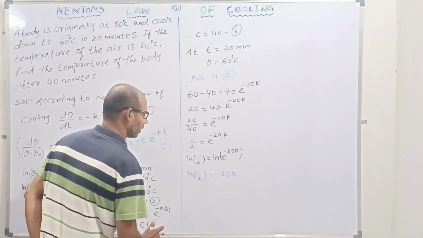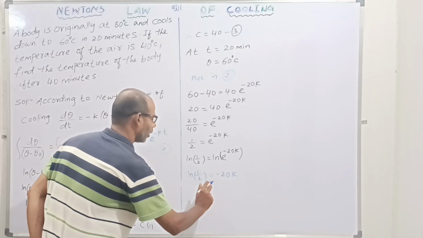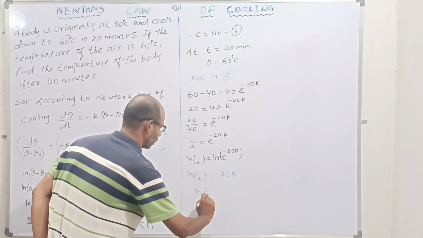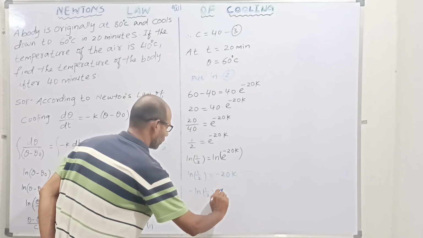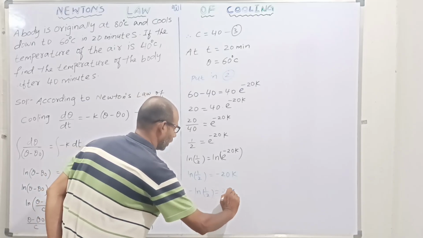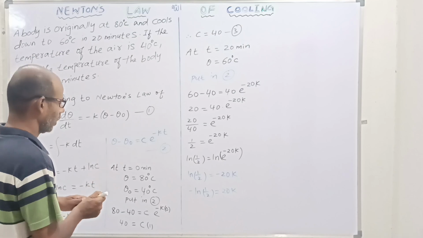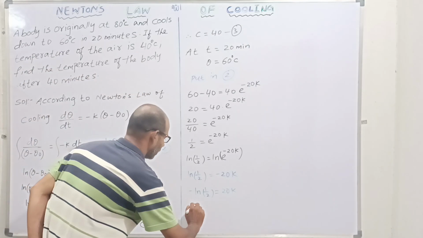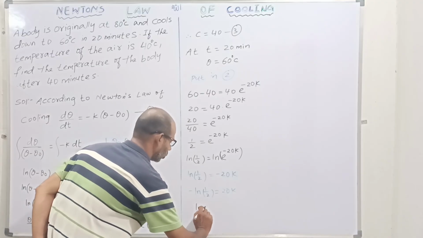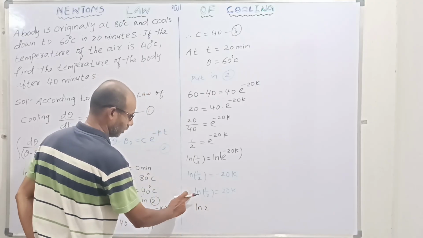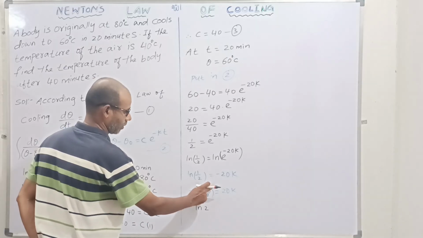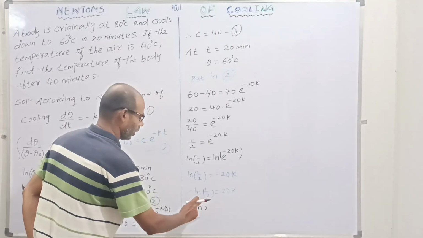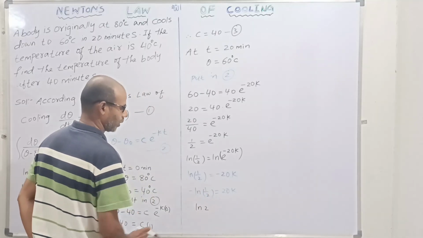So now we have to find the value of k. Therefore, move this minus to this side. So minus ln 1 by 2 is equal to 20k. Now this minus goes to the power, so it becomes ln 2, since 1 by 2 raised to the power minus 1 becomes 2 by 1.